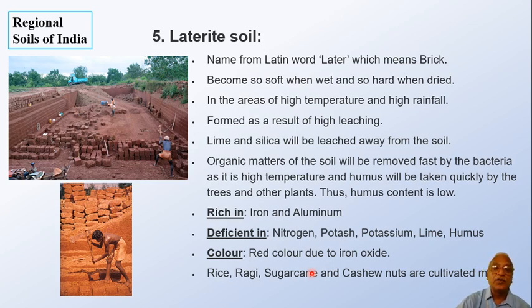Thus, humus content is low. It is rich in iron and aluminium, and deficient in nitrogen, potassium, lime, and humus. The color is red due to iron oxide. Rice, ragi, sugarcane, and cashew nuts can be cultivated in these soils.